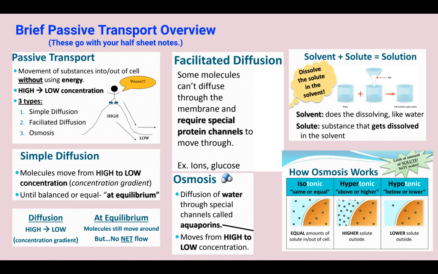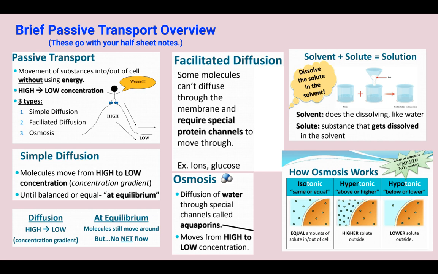Secondly, we have facilitated diffusion, and facilitated diffusion just means aided or helped. This is diffusion that just needs a helper protein. Some molecules cannot diffuse straight through the membrane. They require a special protein channel to help them move. Things that practice simple diffusion are very small things that are non-polar.